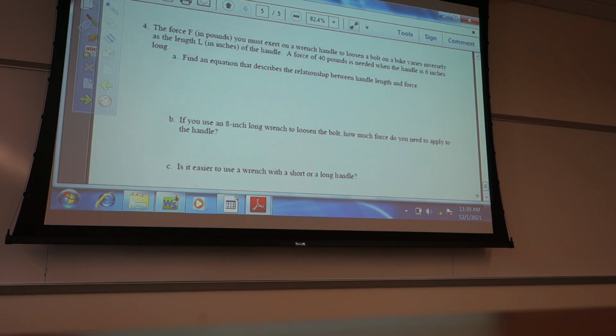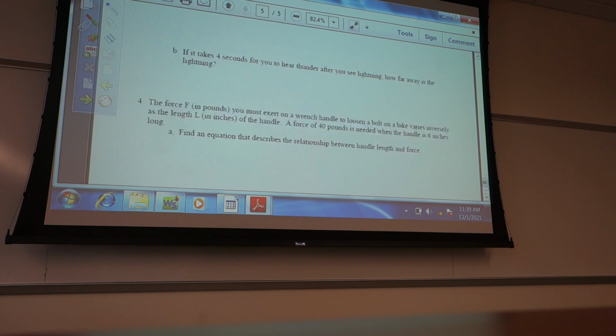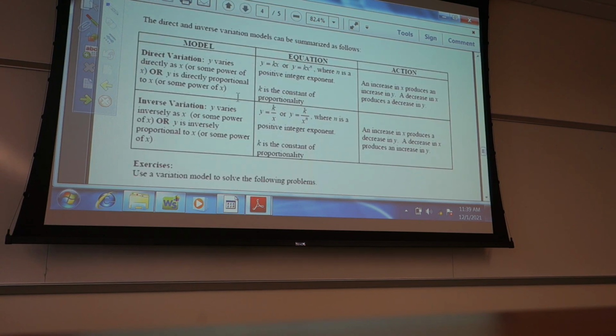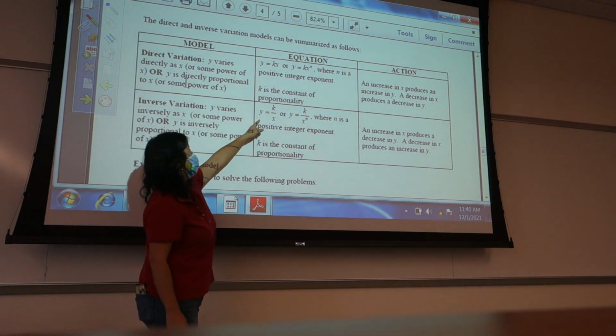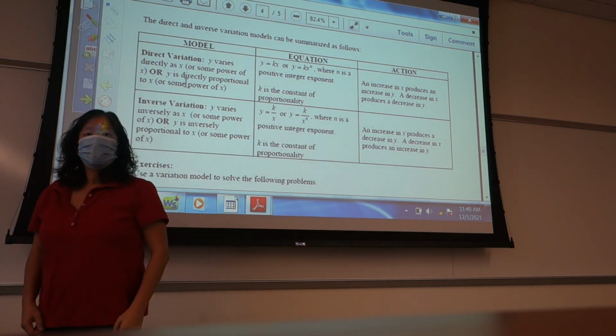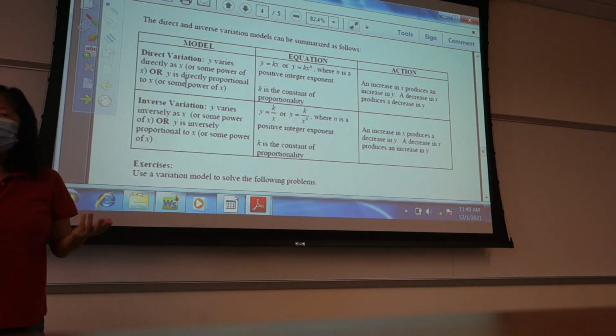Okay, so first thing you want to look at is figure out whether it's direct or inverse. And you got to read to find that, right? You got to look at it and read it. And that will tell you which equation to use. Remember, if it's direct, you're going to use y equals kx. If it's inverse, you're going to use y equals k over x. Then you need to find your 2 points.